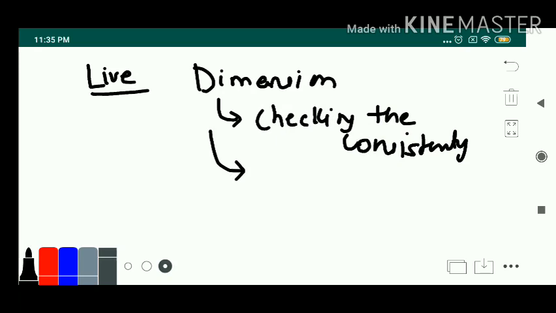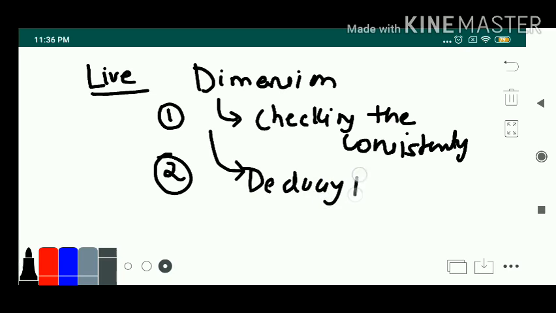Now today we'll be dealing with the second use of dimensional analysis, right? The first one we have completed. The second one is to deduce the relationship between physical quantities.